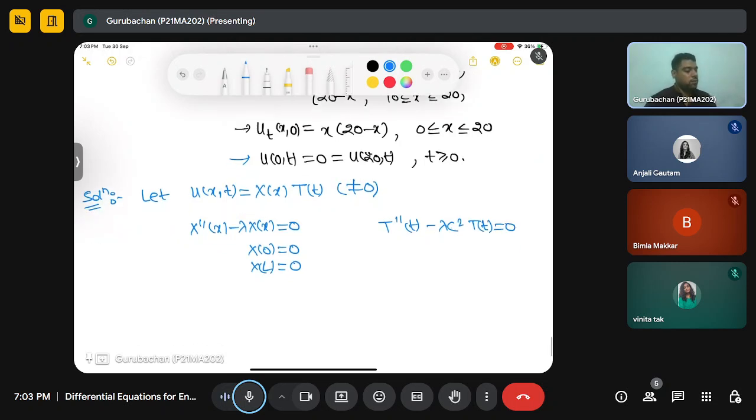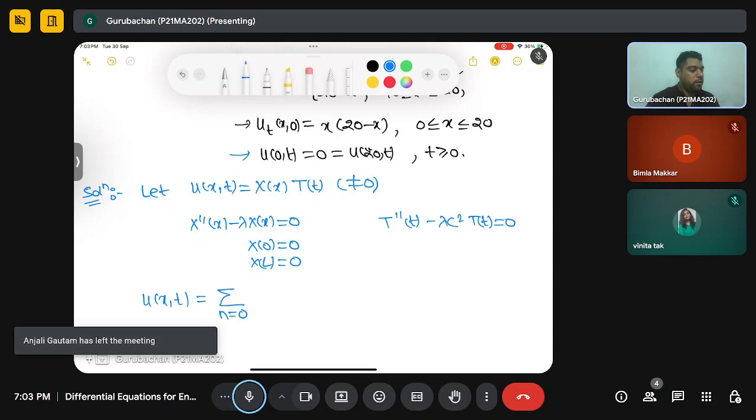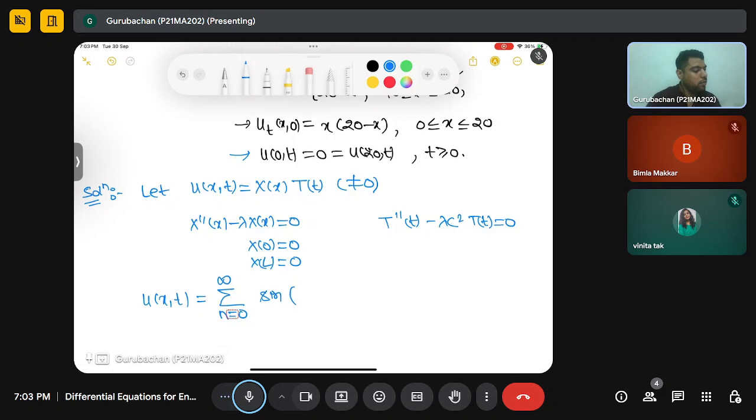So from here you will get the same X and the same T, and your u(x,t) will come out to be this series, summation n 0 to infinity sin(nπx/L) times (a_n cos(nπct/L) plus b_n sin(nπct/L)).